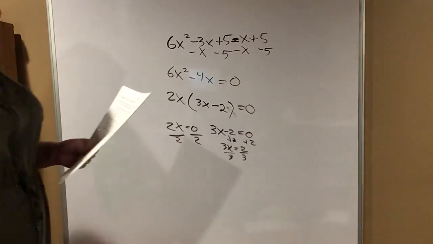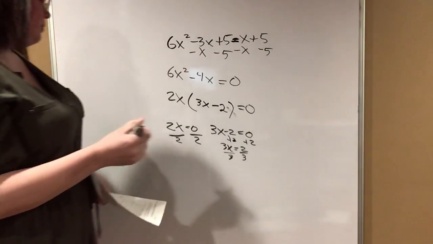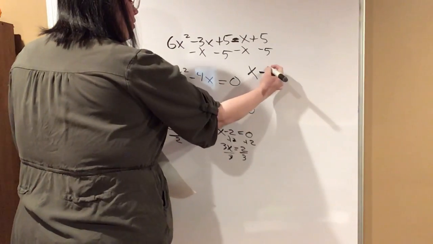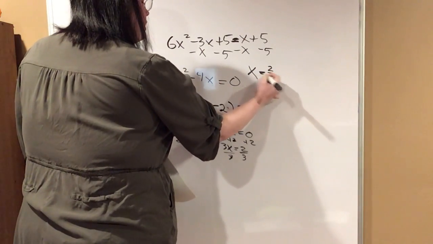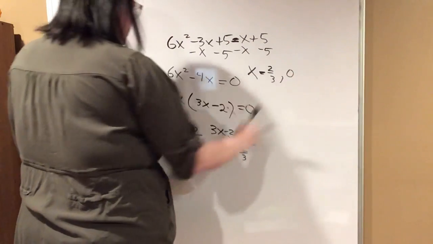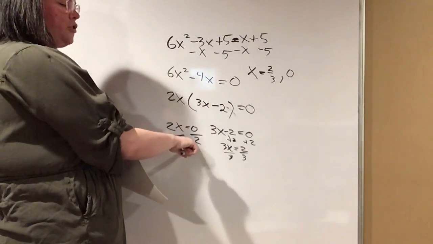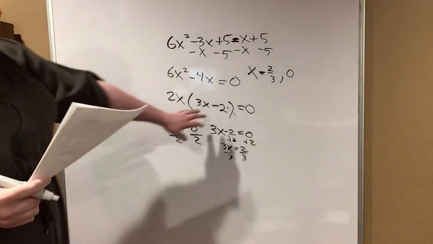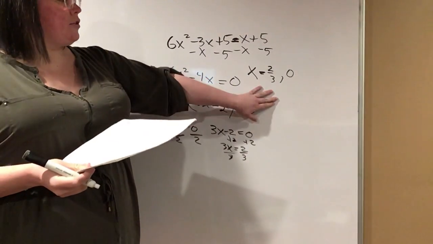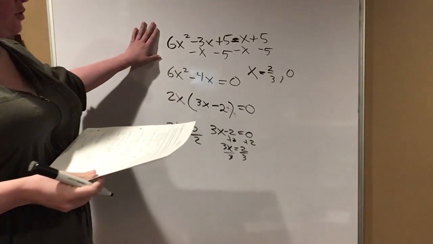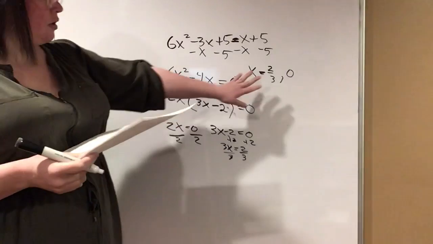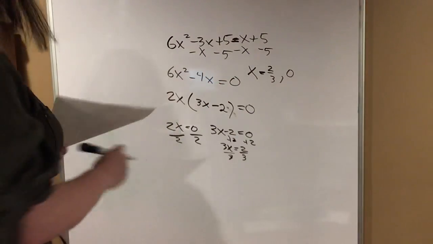So x will equal 2/3, and x will also equal 0. And those are your 2 answers that will solve this equation. That's our whole goal, is we need to find the 2 answers that solve this equation. And I just did.